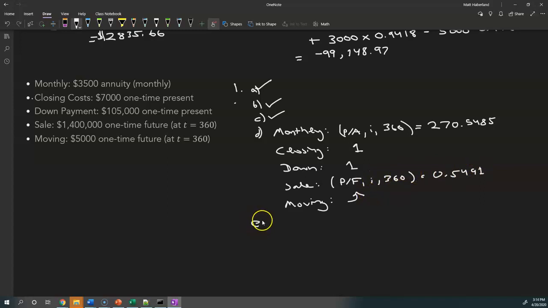All right, so last step then. We're going to calculate the NPV. NPV is equal to our initial $3,500 annuity, that's a negative, multiplied by 270.5485, its discount factor. I'll just write out all the rest of them.